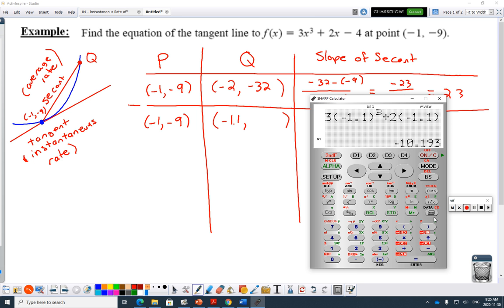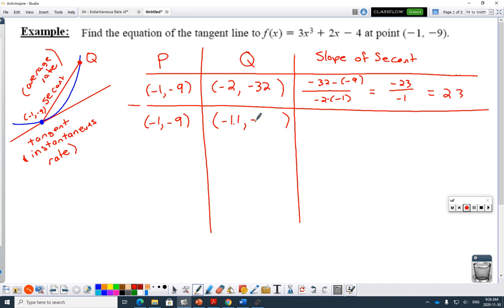Now this comes up, how many decimal places? Up till now in all courses, it's always like, oh, 1 decimal place, whatever. What we're doing is we're getting closer and closer. We're going to get really, really close to this thing. And if we're going to do that, we've got to be really specific, and we've got to take everything. Whenever you get these points, take all the decimal places. I get negative 10.193. Now find the slope of that secant again.